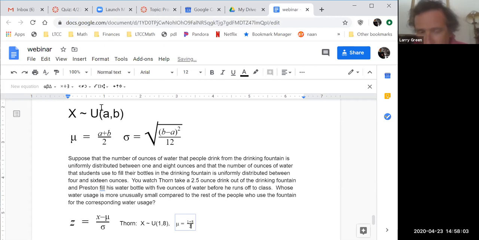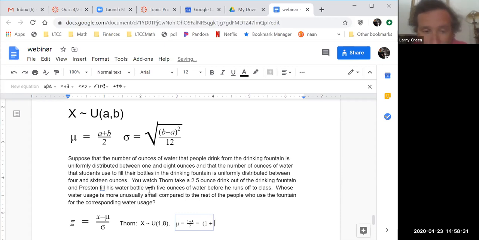And I want to give you a calculator warning. In the calculator, if you put 1 plus 8 divide by 2 and hit enter, or a computer or whatever, it won't give you the right answer. How come? The reason is we need parentheses.